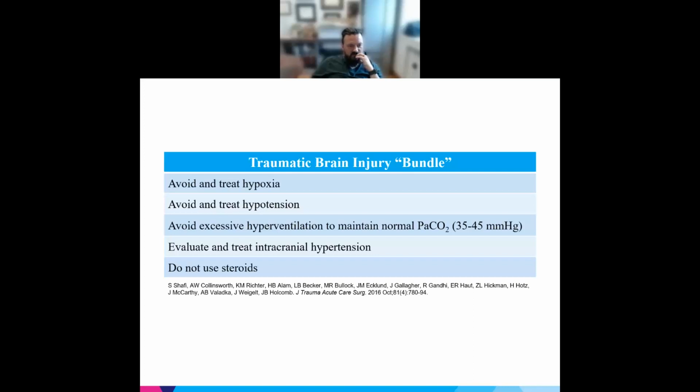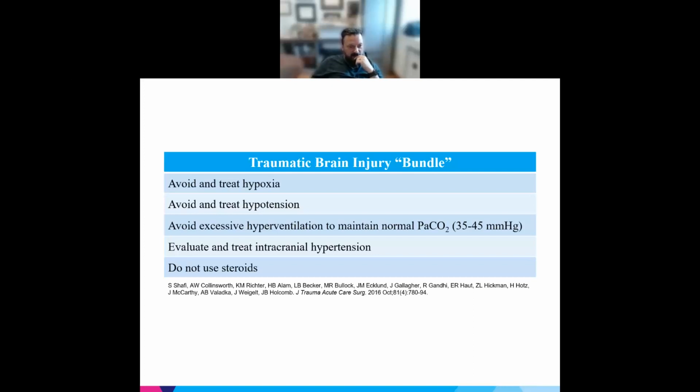You really want to always avoid and treat hypoxia, avoid and treat hypotension. Don't hyperventilate them unless you absolutely need to, and even if you do need to, keep it to mild hyperventilation. Evaluate and treat any intracranial hypertension. Don't use steroids, which obviously only applies to TBI.